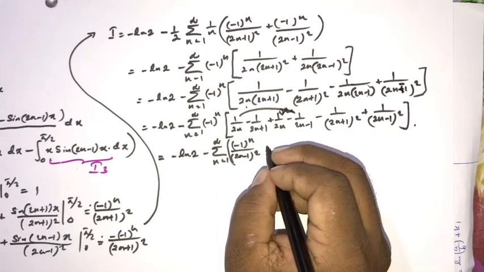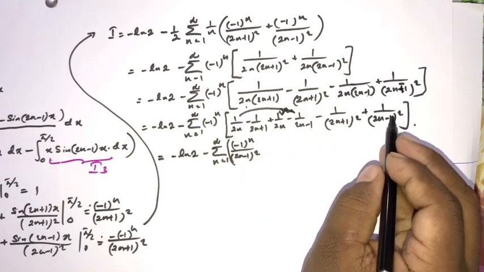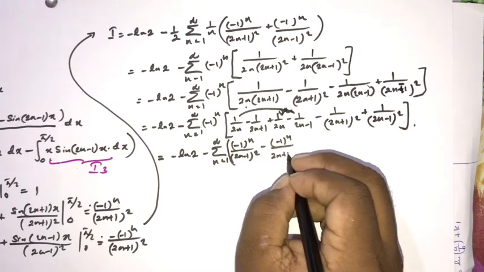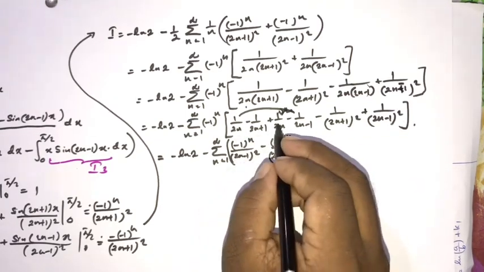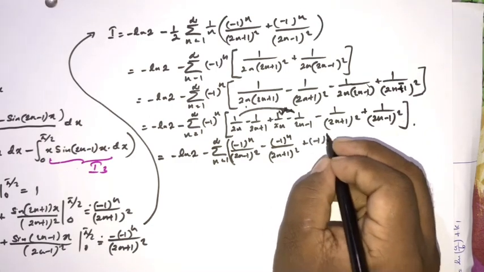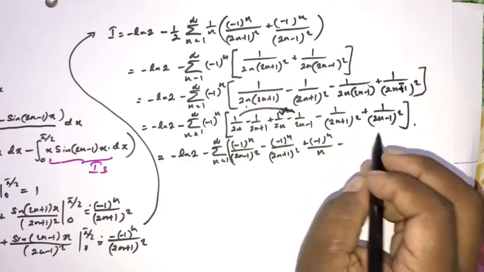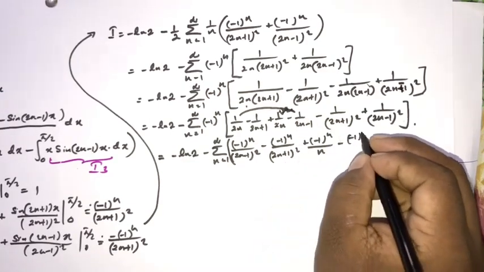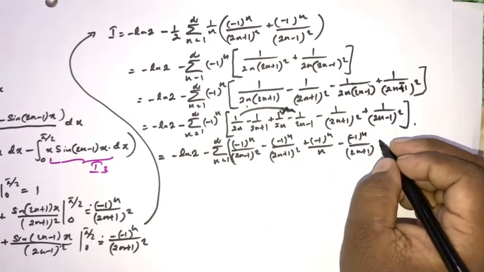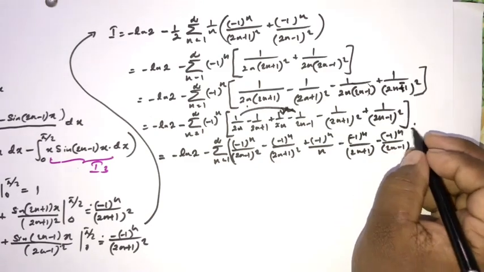So here we have now 1 over (2n minus 1) squared, so minus 1 to the n over (2n plus 1) squared, then 1 over n, so we have plus minus 1 to the n over n, then minus 1 to the n over (2n plus 1), then again minus 1 to the n over (2n minus 1).